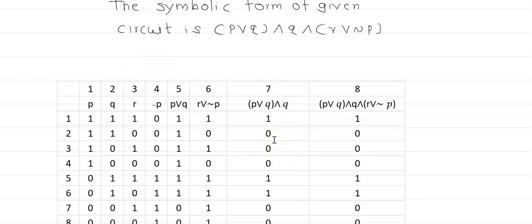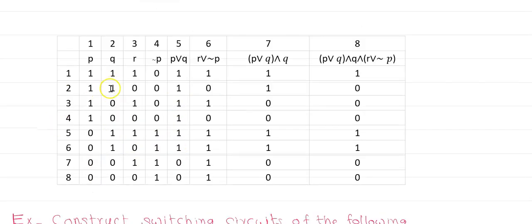That is the AND statement. For example, if we see column number 5 and column number 2, that is 1 and 1 is 1, and for the second, 1 and 1 is 1.